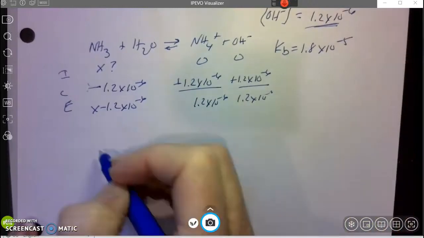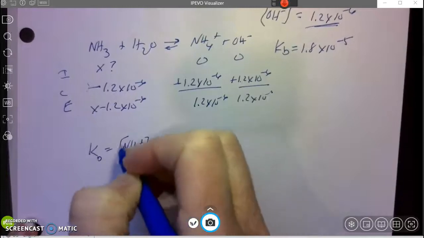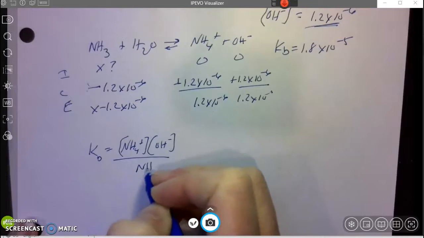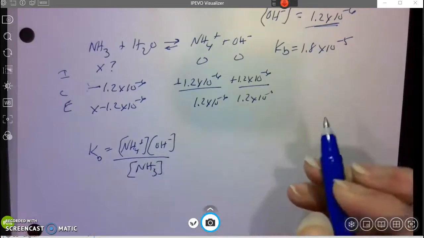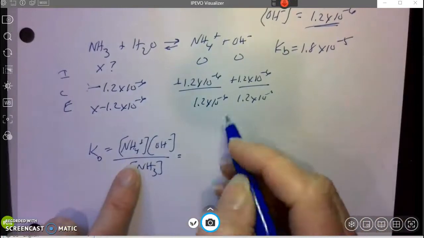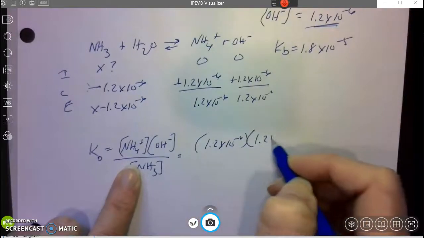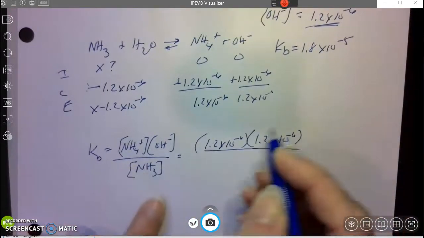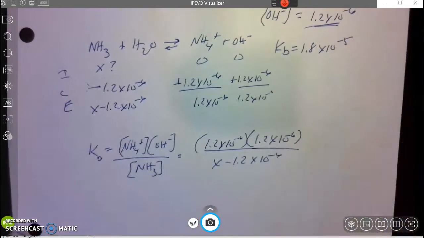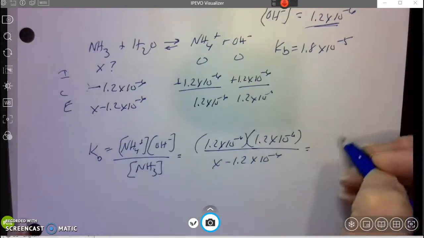Then I'm just putting this into my Kb expression. Remember, water's a pure liquid, so it's not going to show up in my expression. So I'm going to put 1.2 times 10 to the minus 6th twice for both of these, and that's all going to be over X minus 1.2 times 10 to the minus 6th. This one's just sort of messy when you get your terms together.